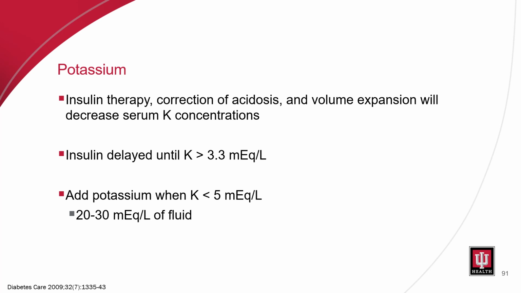Once insulin is started, we'll add potassium to the fluids when the potassium is less than 5 milliequivalents per liter. So this can be added directly into the fluid bag at 20 to 30 milliequivalents per liter of fluid, or this may be given outside of the bag as an IV piggyback.